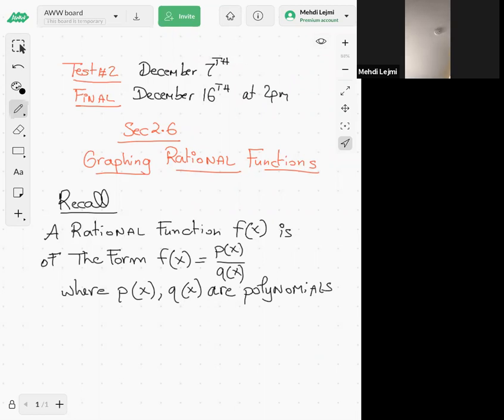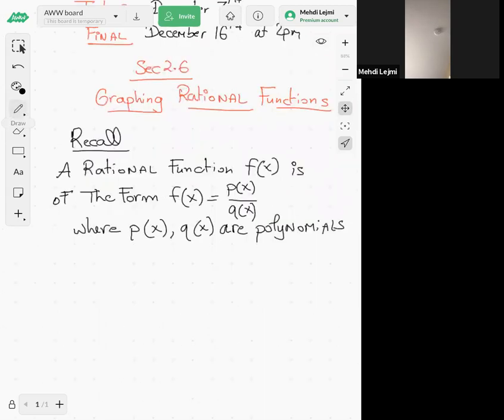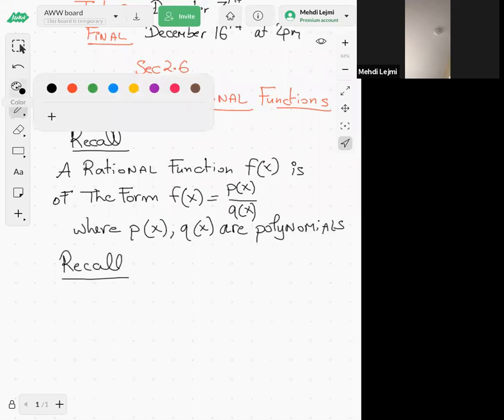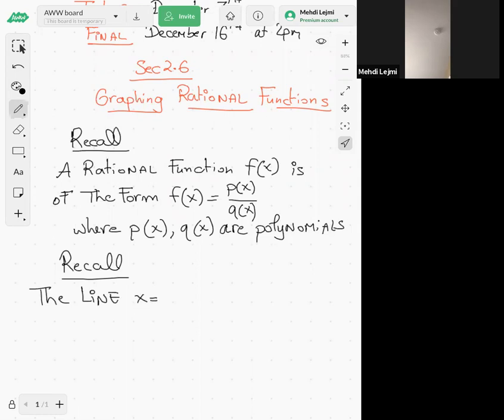the notion of vertical asymptote. So the line x equal to a is a vertical asymptote if, when x goes to a plus or minus.